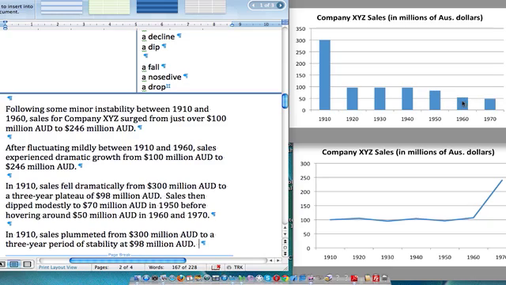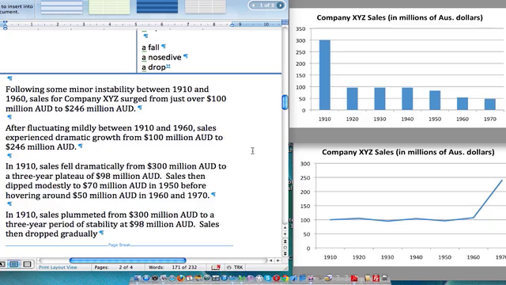So we can sort of group this trend into one, and we could write something like sales then dropped gradually over the next 3 years to 70, I think it's about 70, yeah, million, maybe it's about 80 actually.